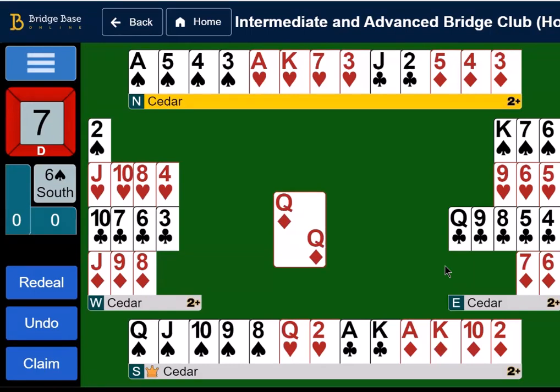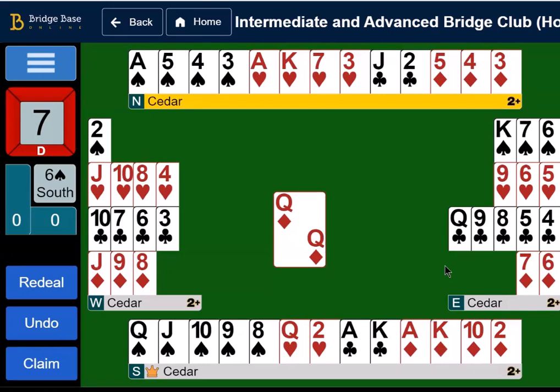Don't forget, in slams, you're trying to set up 2 tricks. So if you're working towards the jack of diamonds, you're going to lose that to the ace and king of diamonds. Partner's going to get in. You won't have a diamond trick set up for you yet. They'll play another diamond, but they'll still have the ace and the king.